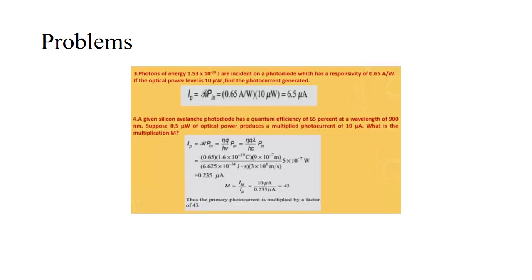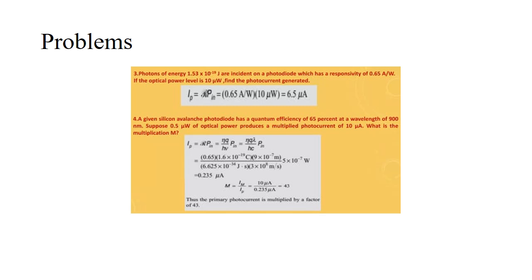So we will find the wavelength. In the second problem, they have asked the quantum efficiency. Here they have given the number of electron hole pairs generated, and we know the number of incident photons. So the quantum efficiency we can find.